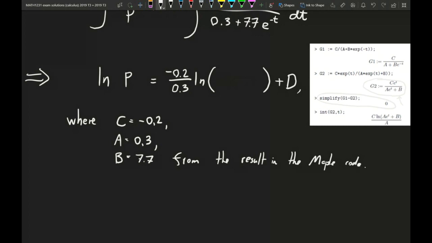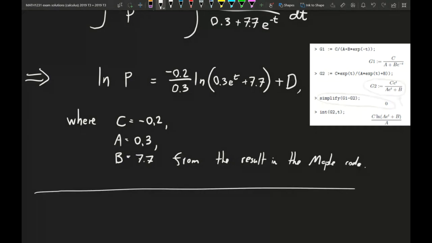Right, okay, so what do we get? We got a, which was 0.3, yep. E to the t, and b was 7.7. So yes, this one, need to slow down, be careful, make sure you're doing the right thing.